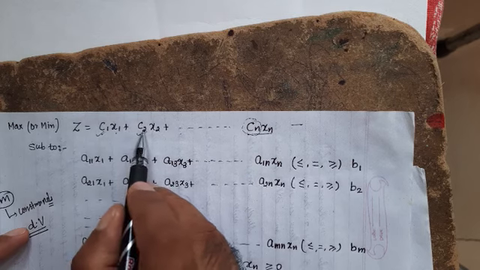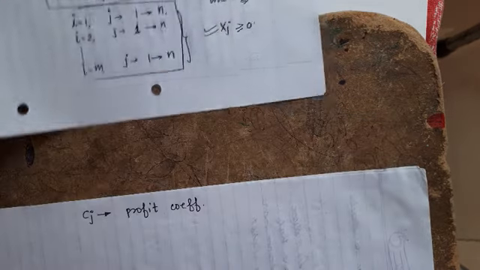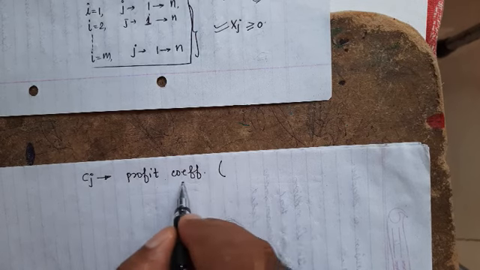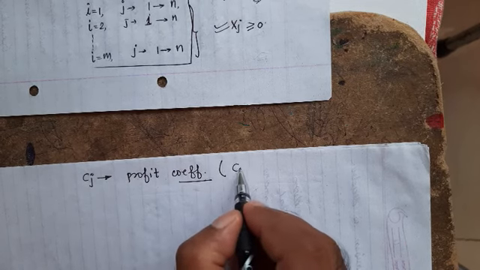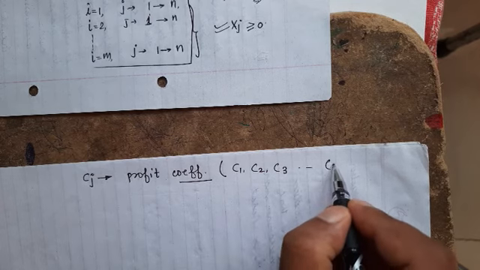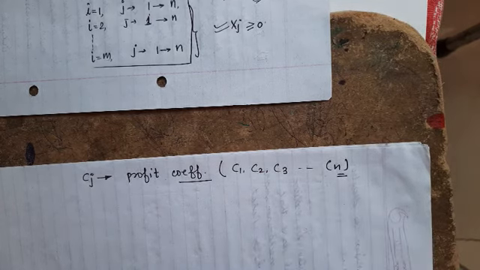So c1, c2, c3 up to cn, these are the profit coefficients. So there are n terms.